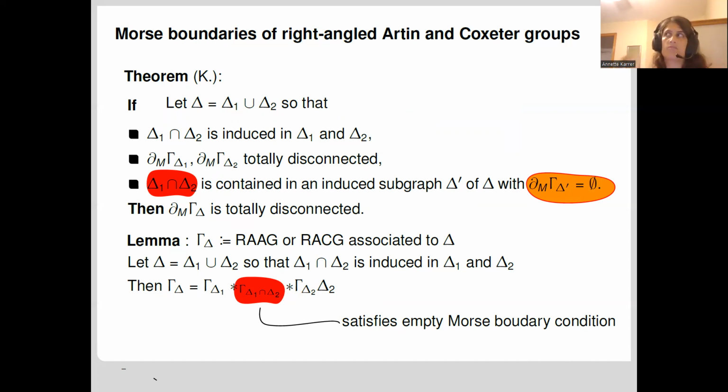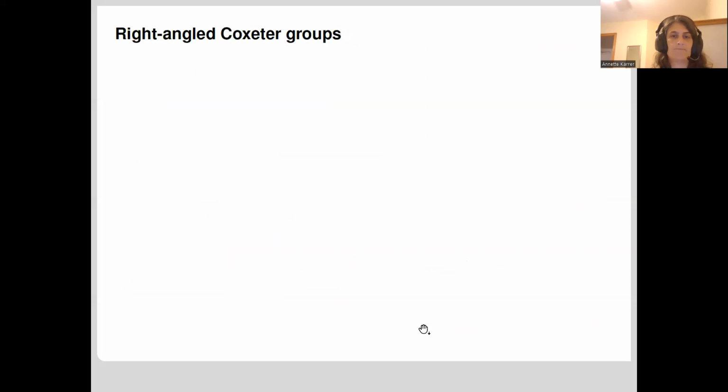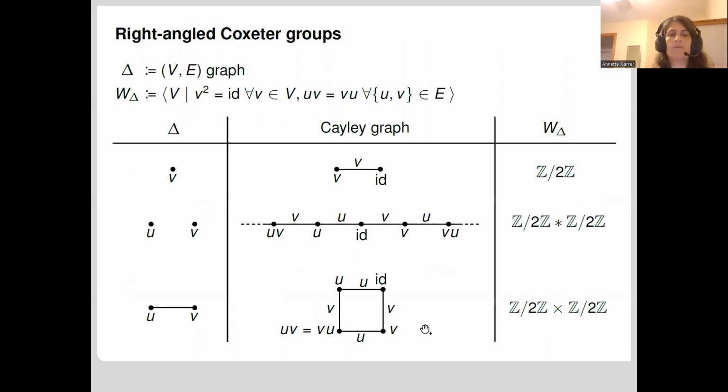And this is crucial for us to get this theorem. And I would like to illustrate what is going on here a little bit with the following examples. Remember, we saw what right-angled Coxeter groups are. They are generated by the vertices of a graph, and each generator is an involution, and two generators commute if and only if they have an edge in between. The nice thing about right-angled Coxeter groups is that in the Cayley graph we see a lot of one-skeletons of Euclidean cubes.